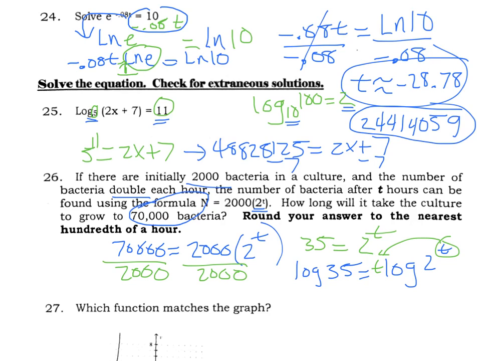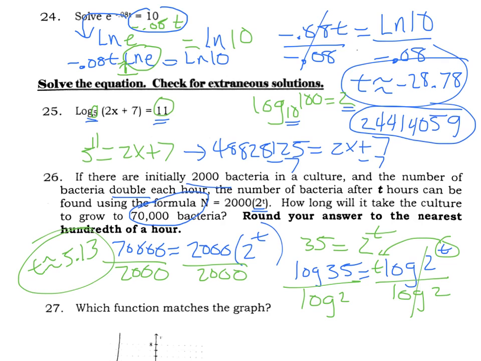And so to get t by itself, it's really easy. t times the log of 2, I'm just going to divide by log of 2. So those cancel, and t will be, I'll just have to use my calculator, log of 35 divided by log of 2. And t is going to be approximately 5.13.